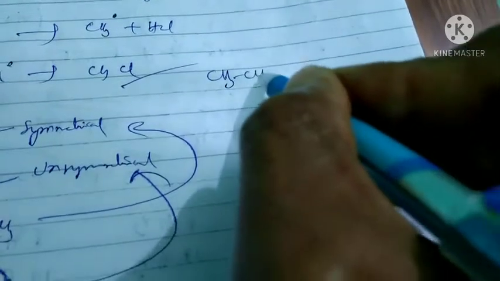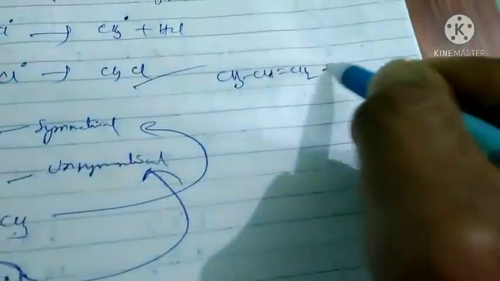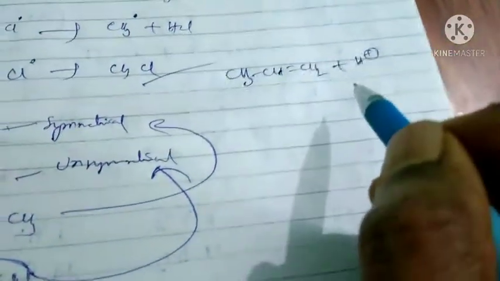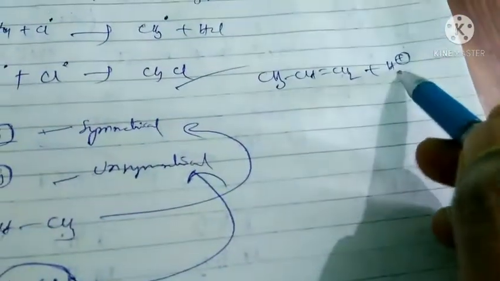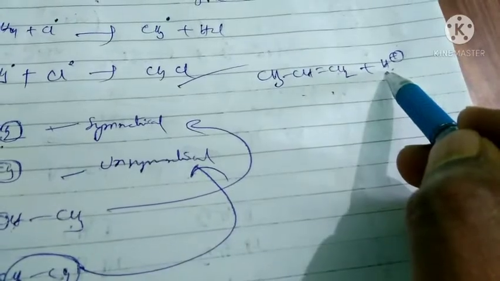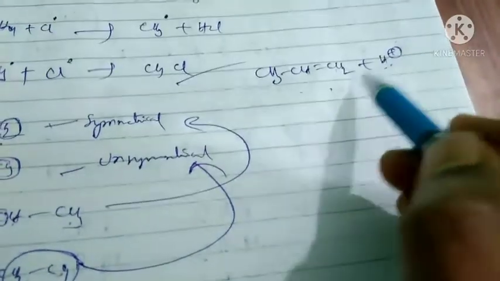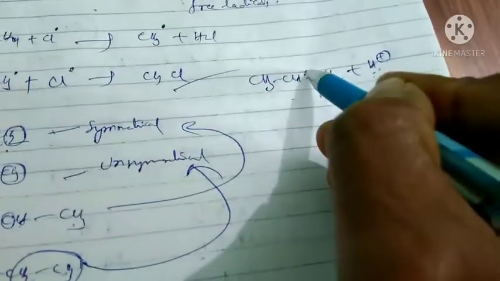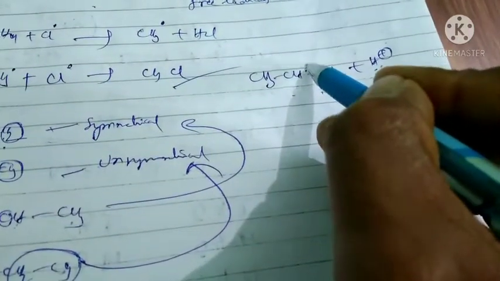I told you already. See, CH3, CH double bond CH2 plus H plus. This is the reagent, this is the alkene. In the presence of a reagent, meaning either an electrophile, nucleophile or free radical, the pi bond completely transfers towards either of the carbon atoms.